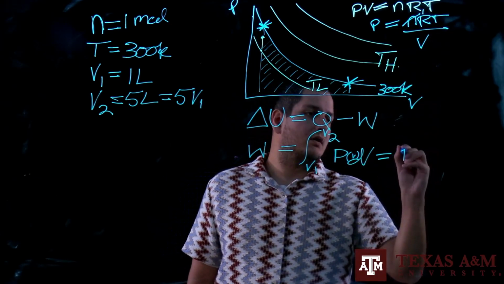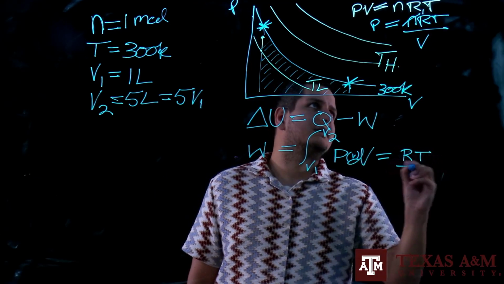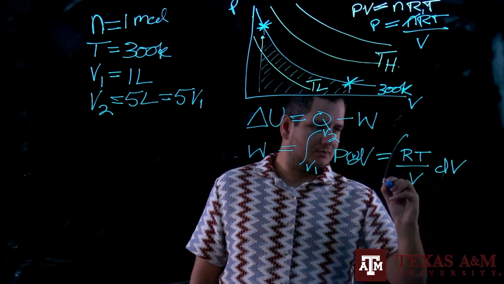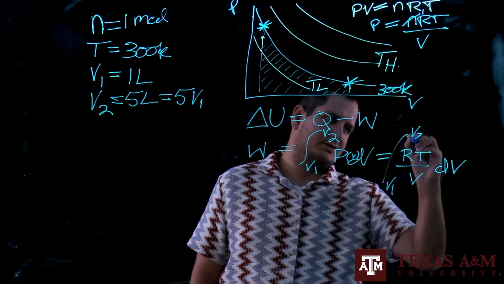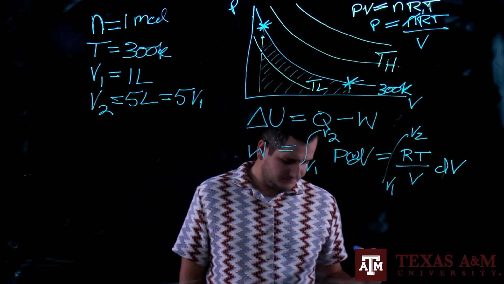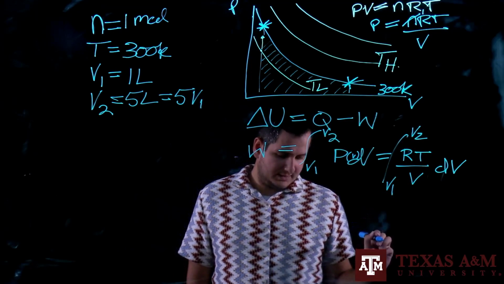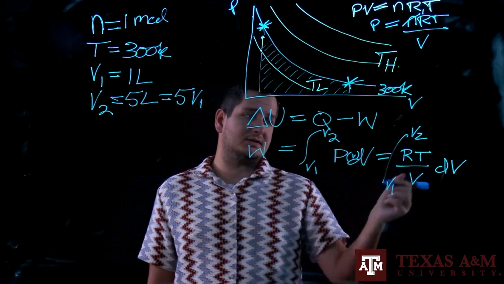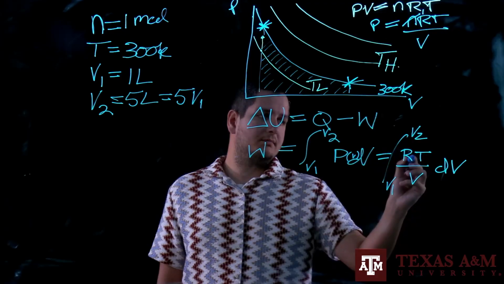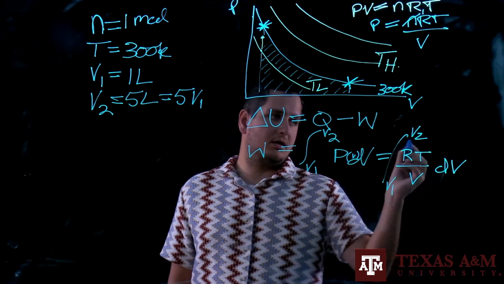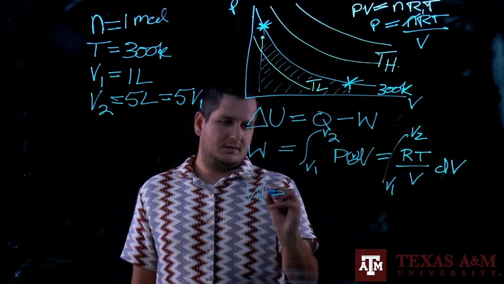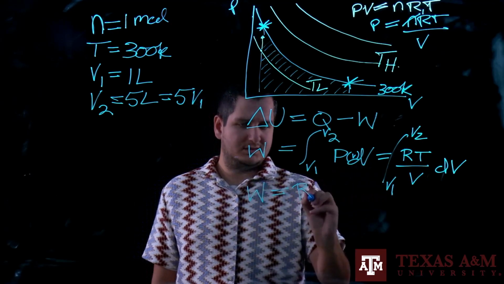So then we have the integral from V1 to V2 of RT/V dV, right? So what we can do next is execute this integral. Because T is constant, T is equal to 300 K, R is constant, V is the only thing that changes. Take these out of the integrand.